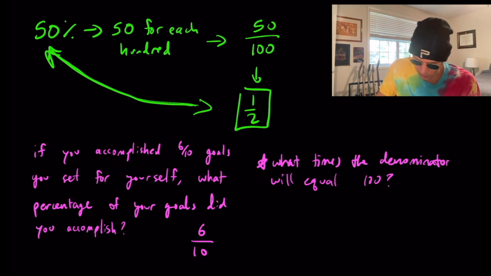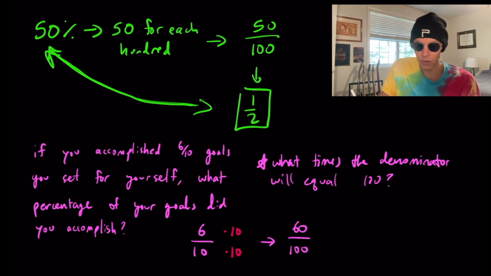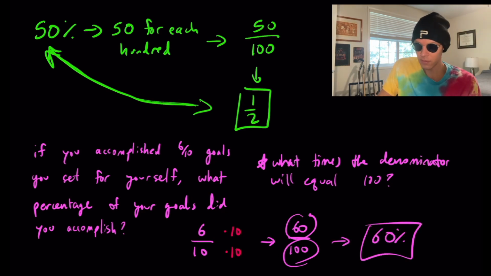Well, that's 10. So I'm going to do times 10 on the bottom, and I have to do the same on the top. And what I'll get is 60 out of 100. Or in other words, 60 for each 100, or 60%.